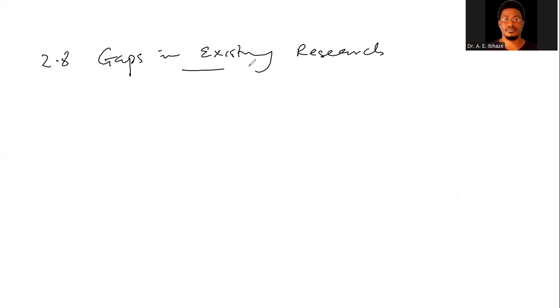But now that you want to look up gaps in existing literature, you are going to be considering critical components here. So for instance, limitations of current research or systems.